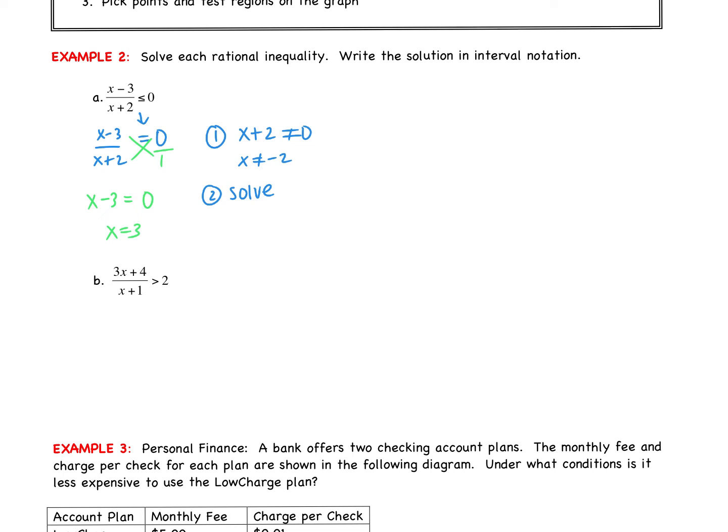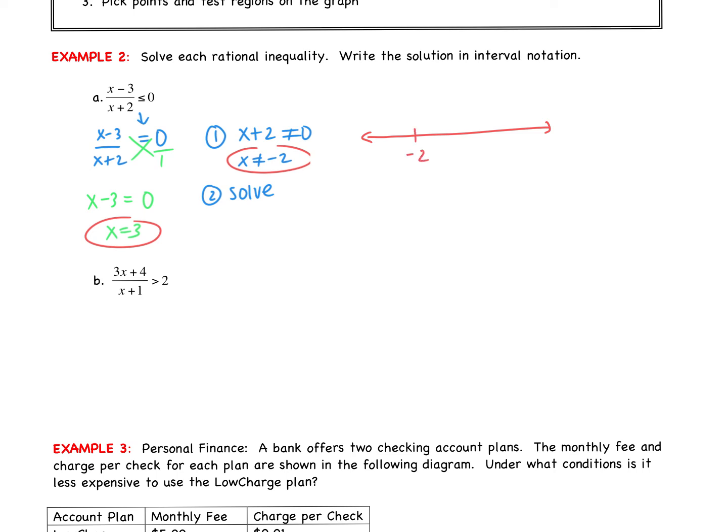Now, like the previous problems, like the absolute value inequalities and like the quadratics, now is when you're going to go to the number line. Here's what I need you to recognize though. X equals 3 is going to go on our number line. This is the only thing that's different. X equals -2 also does. So whatever values x cannot be also go on the number line.